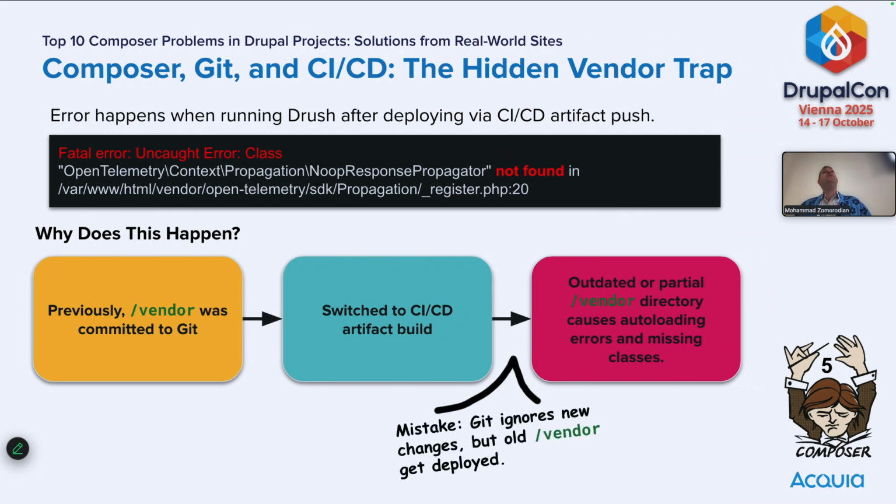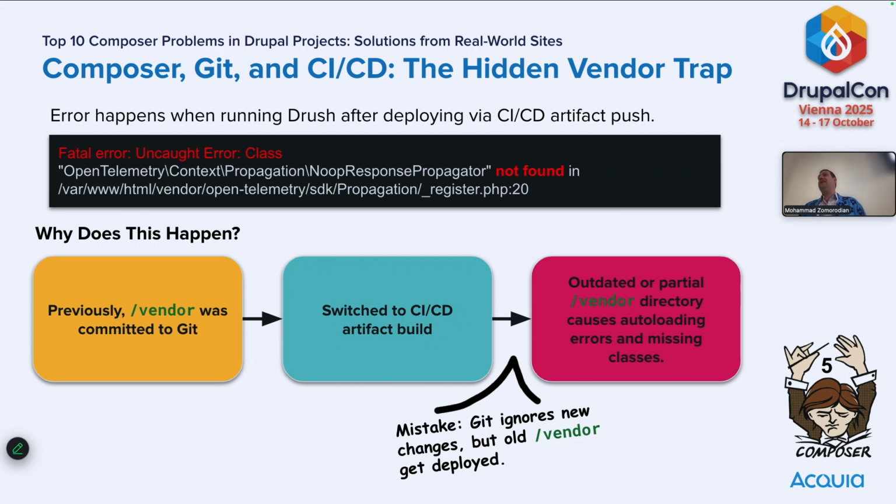The mistake was that Git was ignoring new changes, not the previous changes that were already in Git. So there was a leftover vendor in the repository, and on top of it CI/CD was running composer install on the destination. But there was still some misconfigured leftover in the vendor directory causing this error, and it was missing some specific class or file.